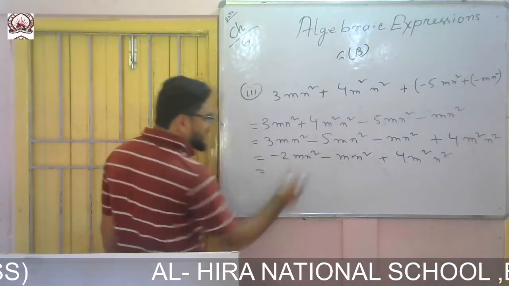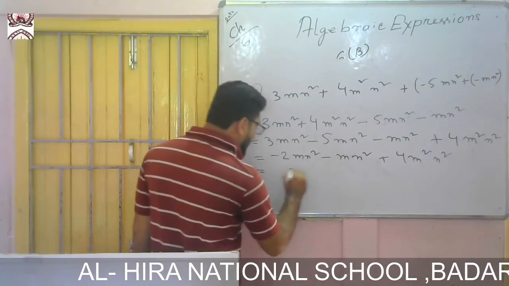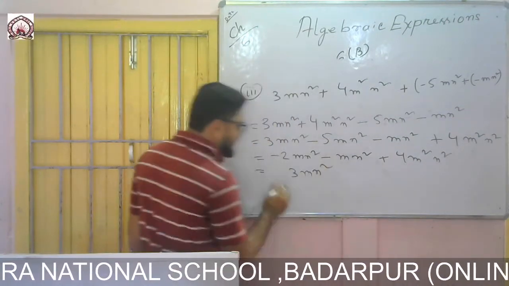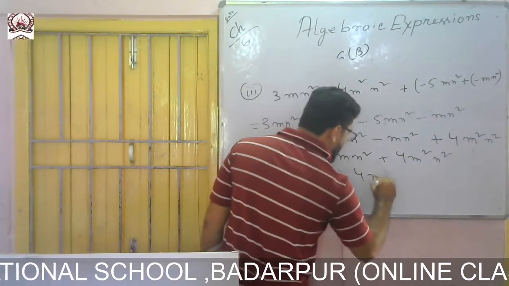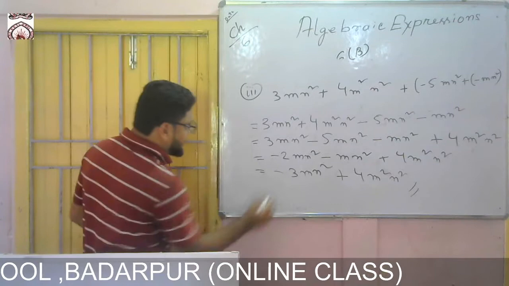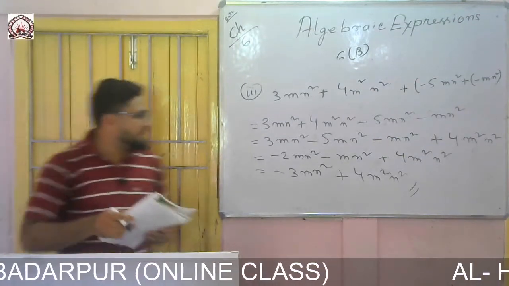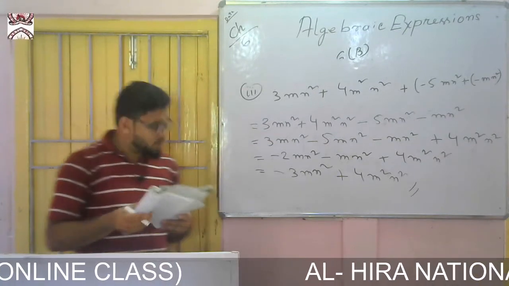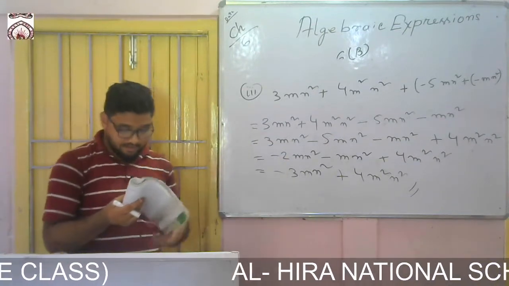Now again minus minus, plus. Then 2 plus 1, 3. 3mn square plus 4m square n square. So that is the answer. Minus 3m square n square plus 4m square n square. Why is it minus? Because 2 is bigger. Okay.